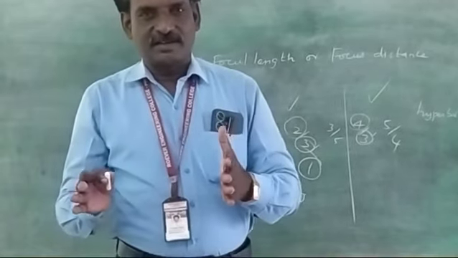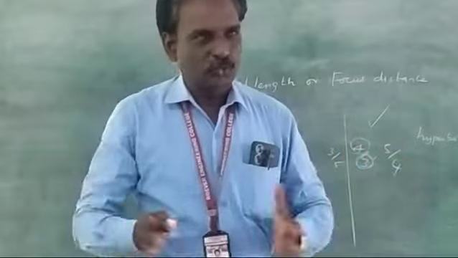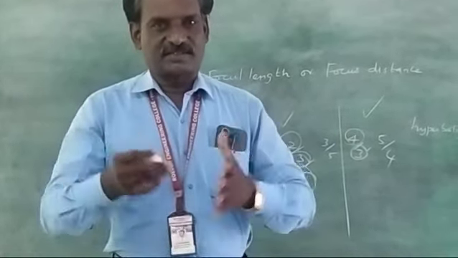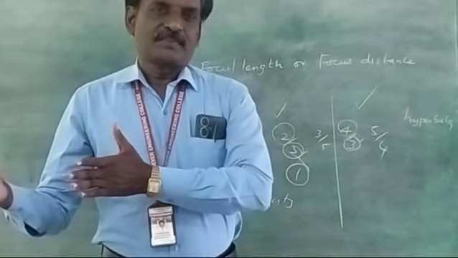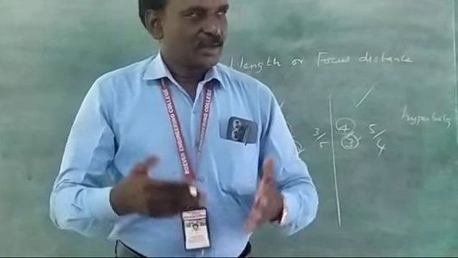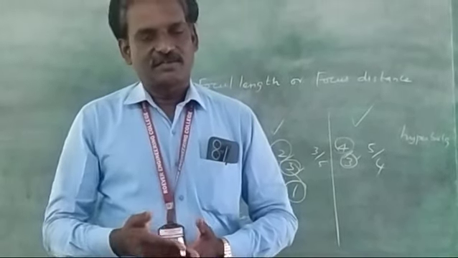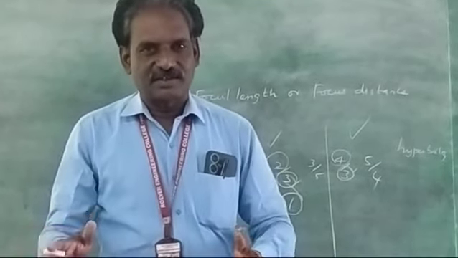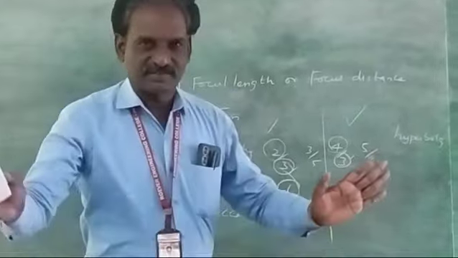If the eccentricity is 2 by 3, 3 by 4, 4 by 5, like this, we get an elliptical curve. 5 by 4, 4 by 3, like this, we can have hyperbola curve. For parabola, no eccentricity or eccentricity is equal to 1. Okay, we know the basics clearly now.